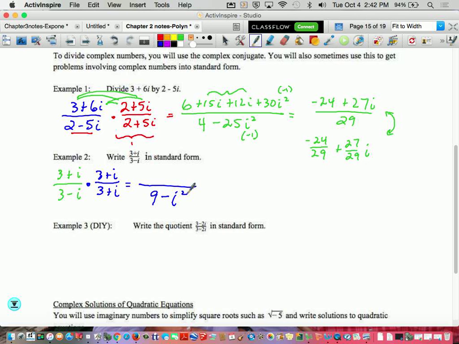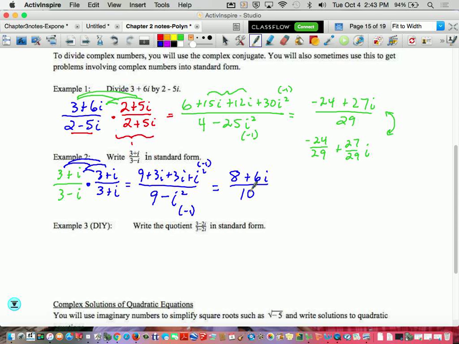Then on top, distribute. 3 times 3 is 9. 3 times i is 3i. i times 3 is 3i. i times i is i squared. So what you end up with is 9 minus 1, which is 8. 3 plus 3, which is 6i. And on the bottom, this is also negative 1, so you end up with 9 minus negative 1, or 10.